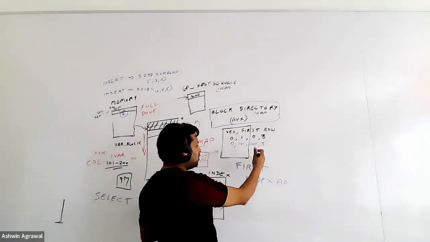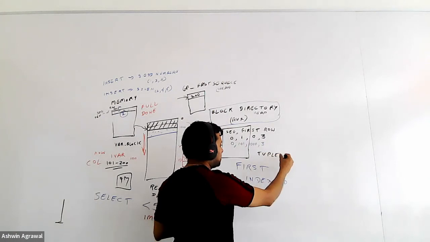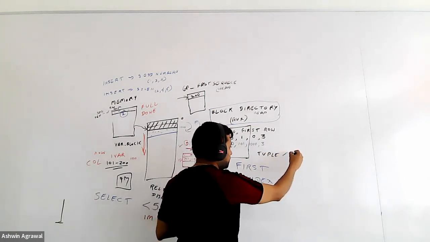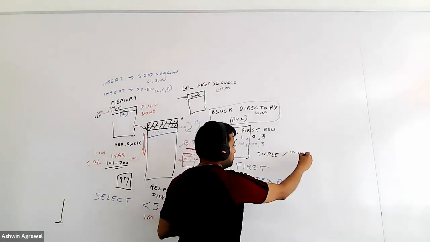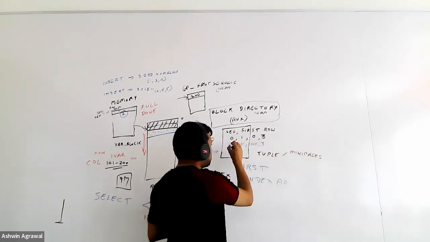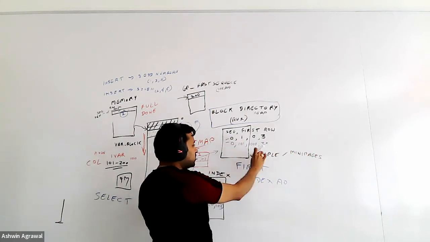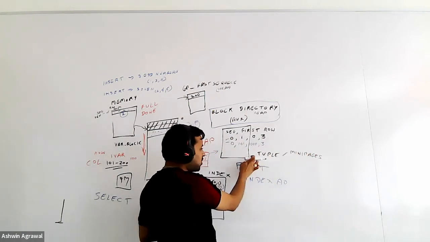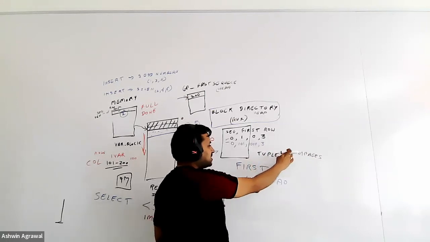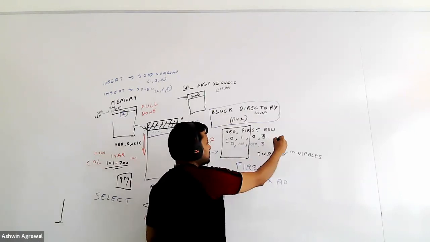A tuple gets created, and that tuple effectively has mini pages implemented to write all this information. It's not like every row in the block directory; these are rows within a mini page, and then there is one tuple created which has n mini page entries, but the block directory is on disk.